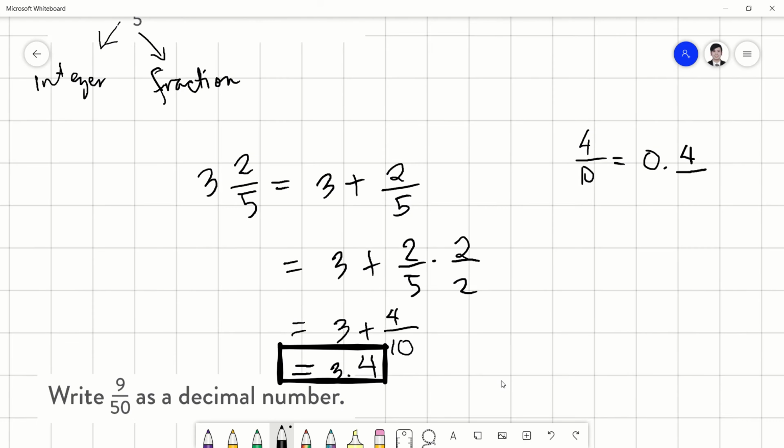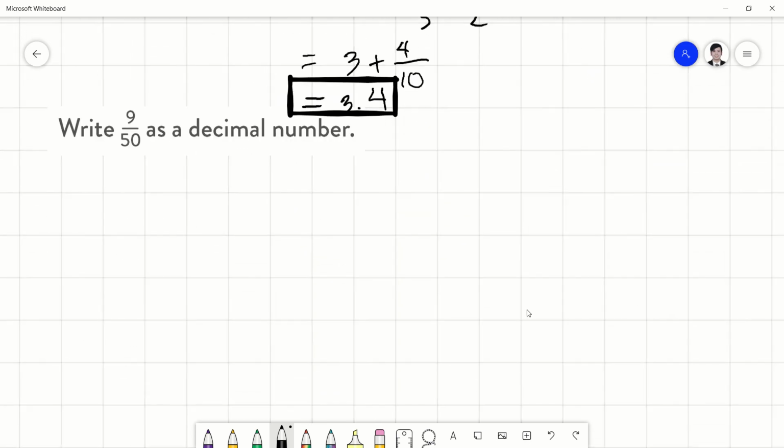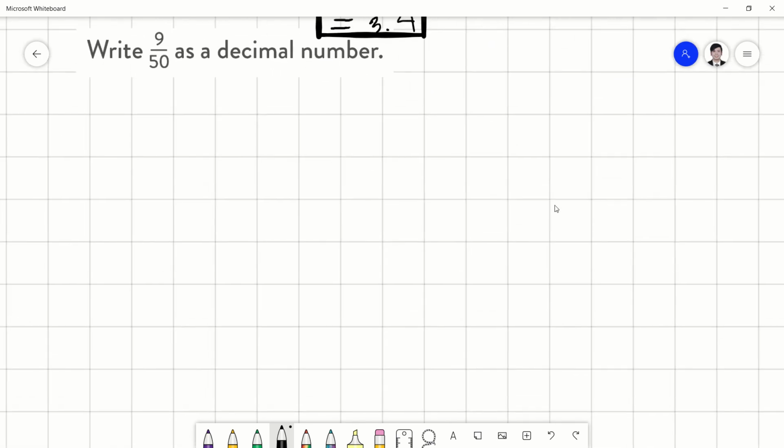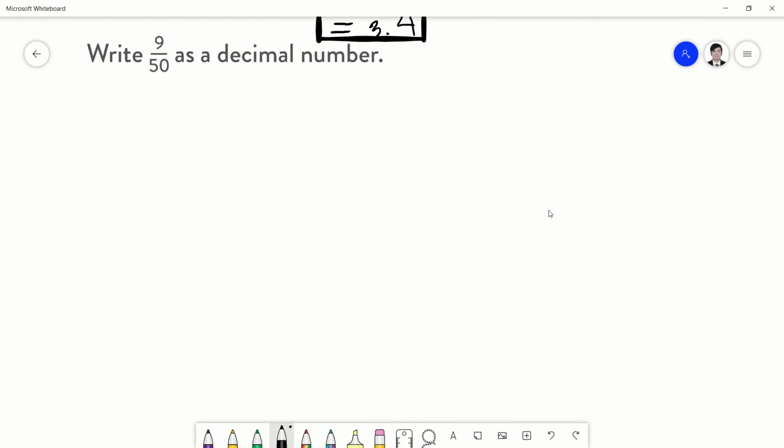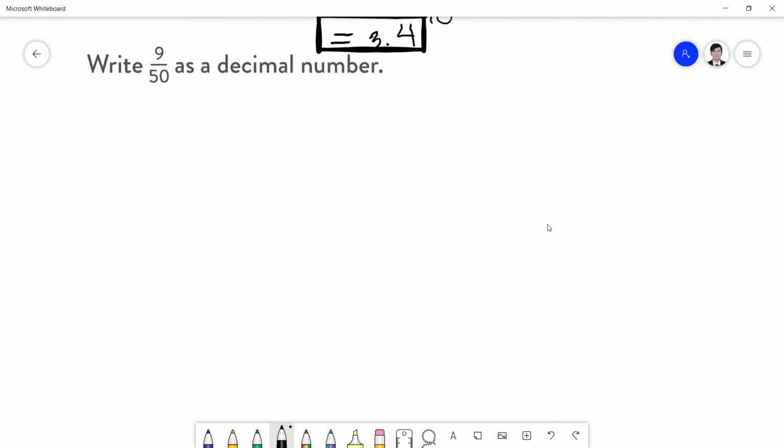Okay, let's try another example. We have here 9/50 and we are asked to write it in decimal number. So this is not a mixed number anymore. And take note, there's no such thing as fiftieths as a place value in decimal.